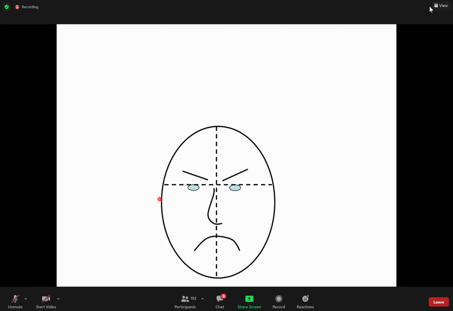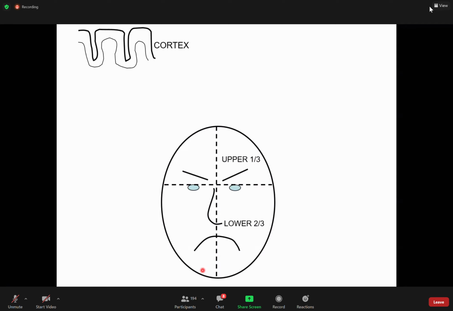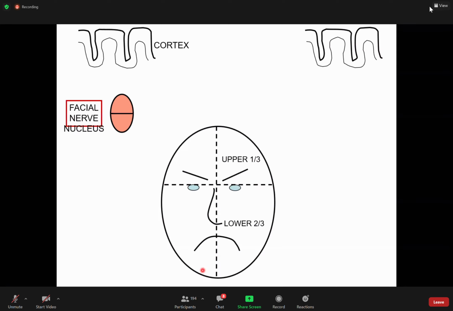So this is an exception, and that's why it is very important to understand this. So there are 2 parts of the muscles in the head. One is the upper 1/3 of your facial muscles, which are the forehead muscle and your upper eyelid muscle. These are the upper 1/3, and then you have the lower 2/3 of your face. The facial nucleus, which you see, also has 2 parts.